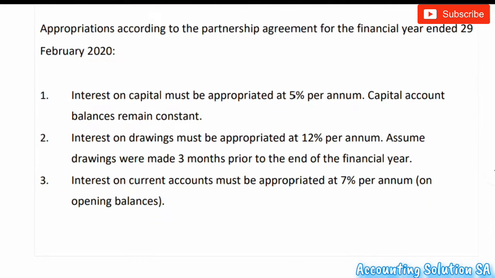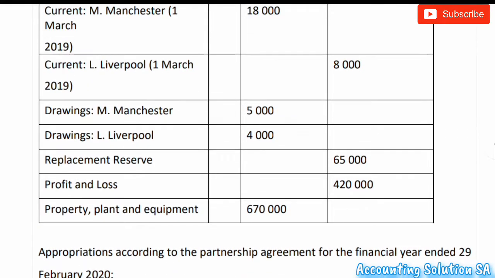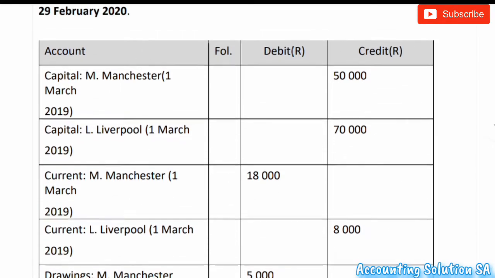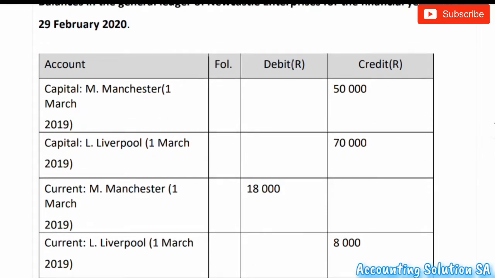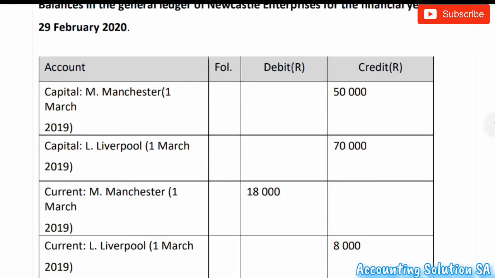Okay, then let's proceed to interest on current. They said interest on current must be appropriately at 7% per annum on the opening balances. Remember, under Manchester we have a debit balance of 18,000. Then under Liverpool, the current is 8,000, but it's on the credit side.